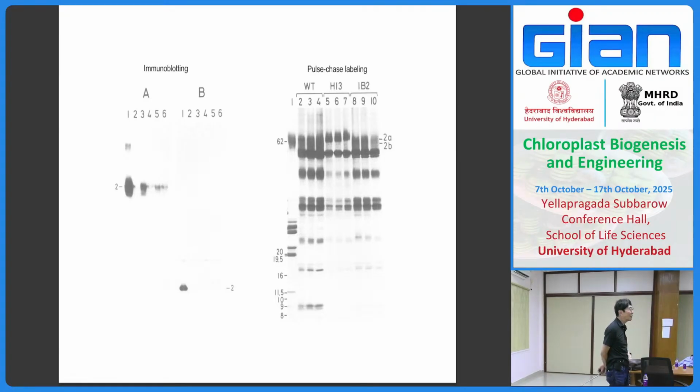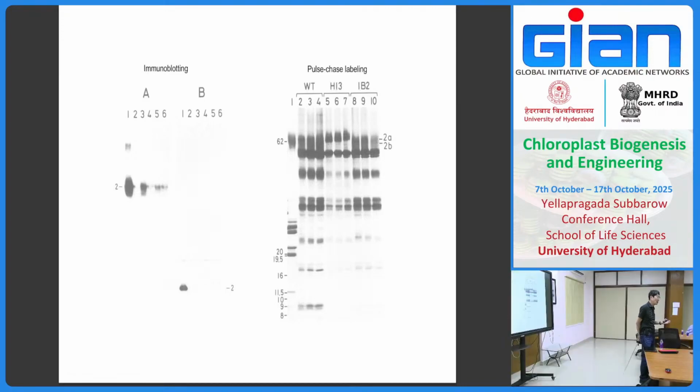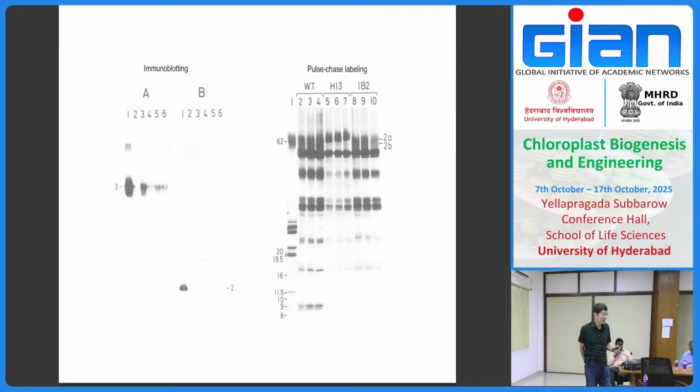This means that the knockout of the PSAC gene affects the translation of other PS1 subunits, blocks or suppresses the translation, or the synthesized PS1 proteins are unstable and degraded.